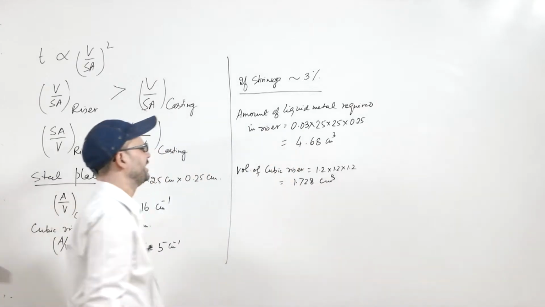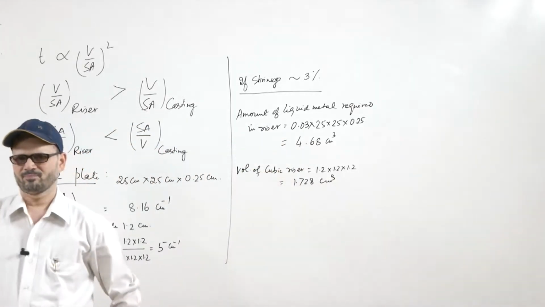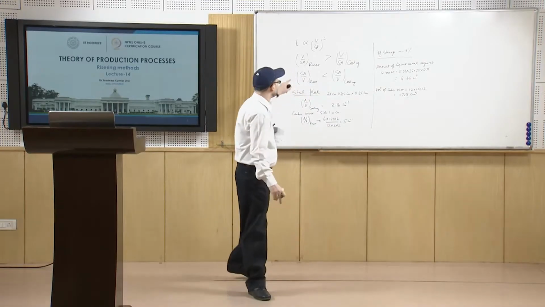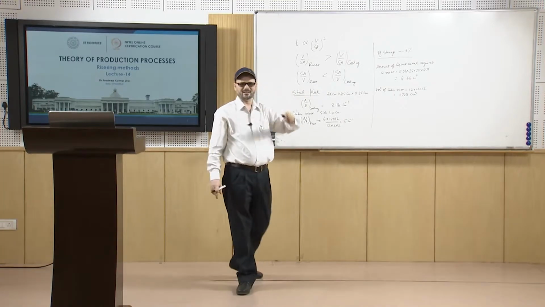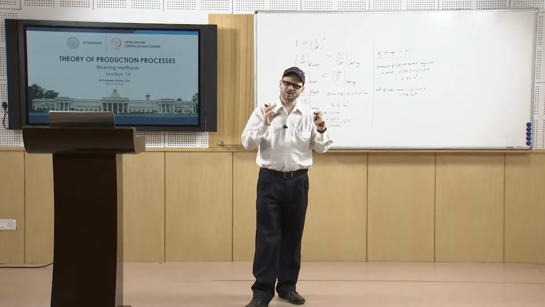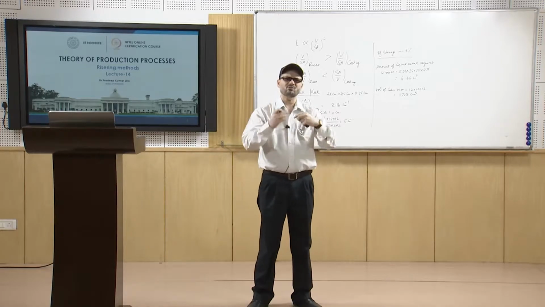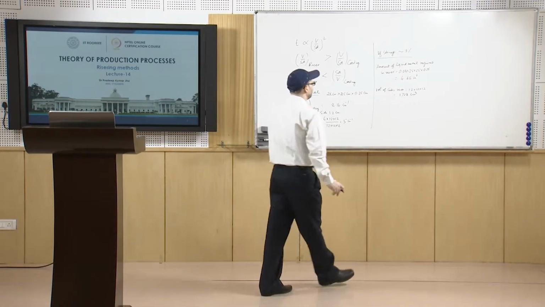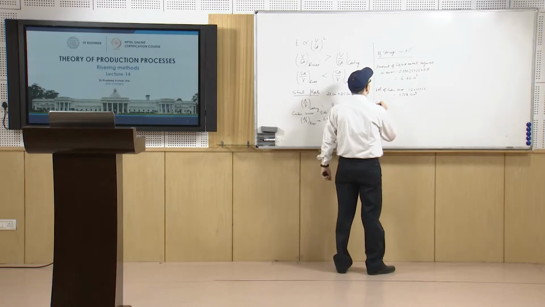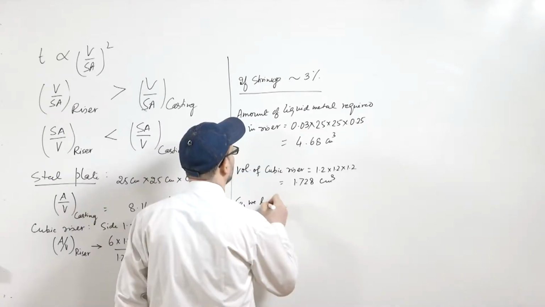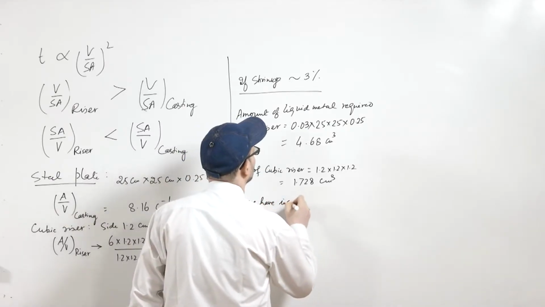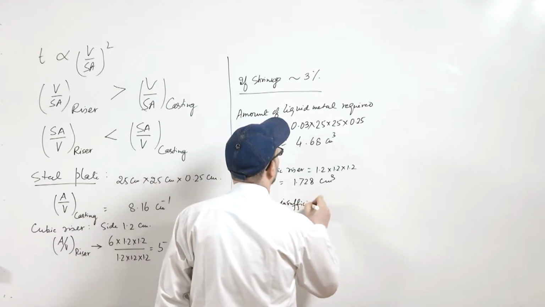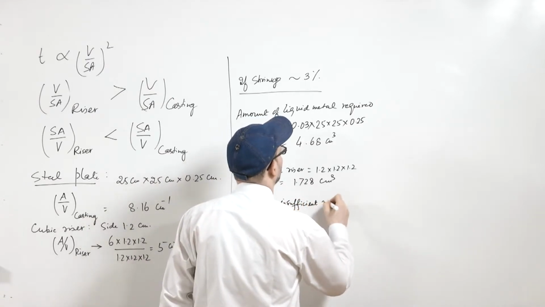This is less than the required amount. Although it satisfies the condition for the freezing characteristic, the amount of liquid metal is not sufficient. So, we have insufficient riser volume of molten metal.